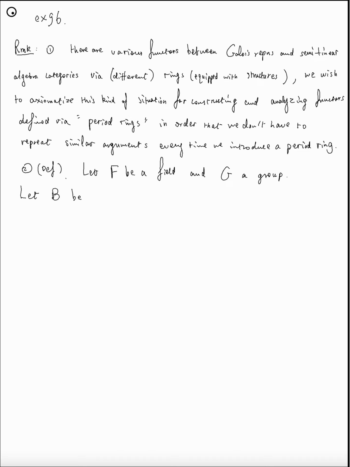Let B be an F-algebra, required to be a domain also, equipped with a G action, as an F-algebra, which means this G action is compatible with the F-algebra structure.